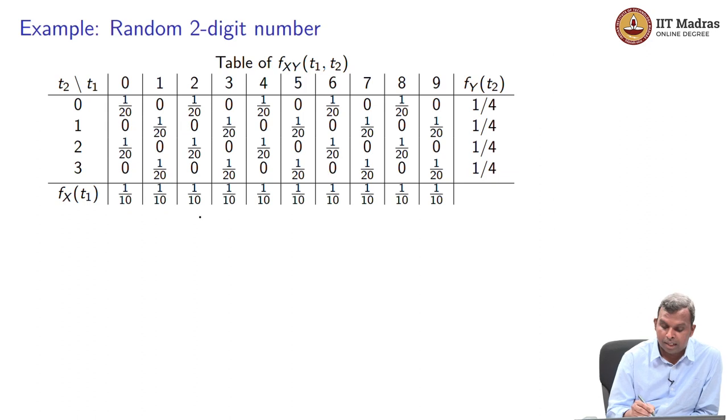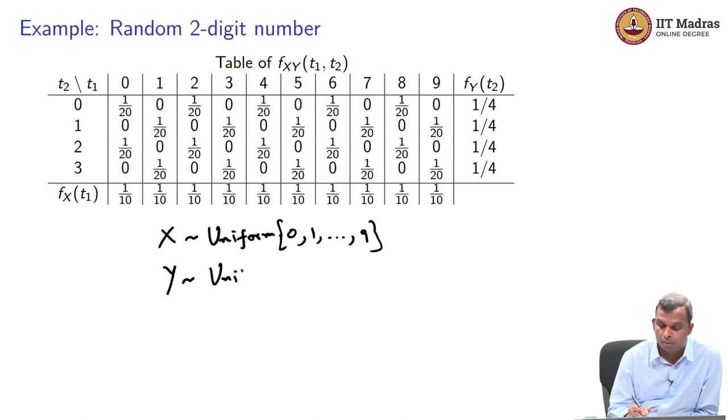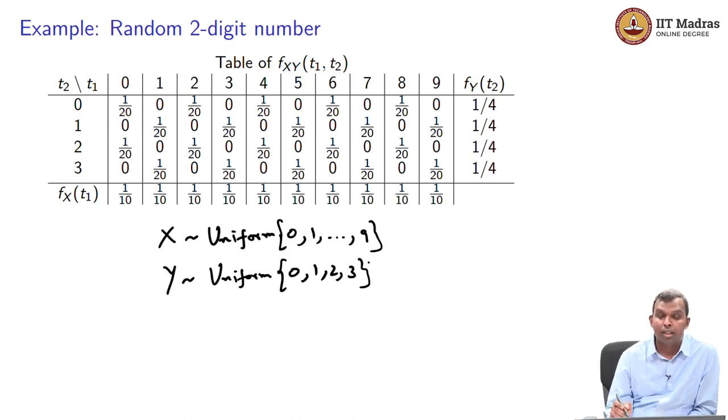We knew that x is uniform over 0, 1 to 9, and then y is uniform over 0, 1, 2, 3. We knew these two before. And we knew that x and y can sort of influence each other.